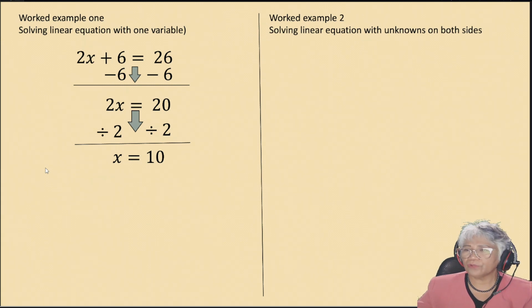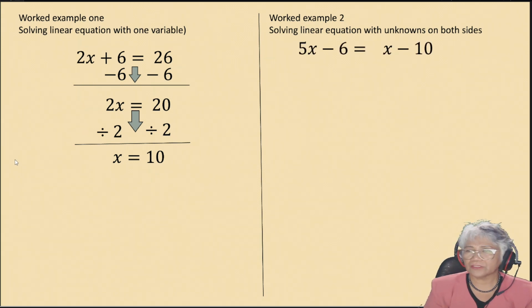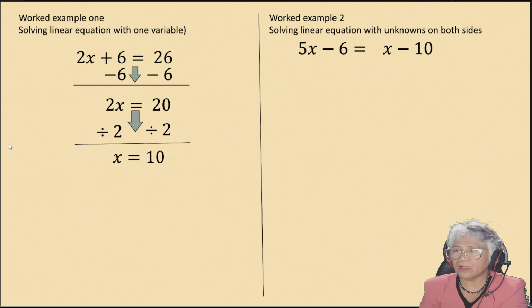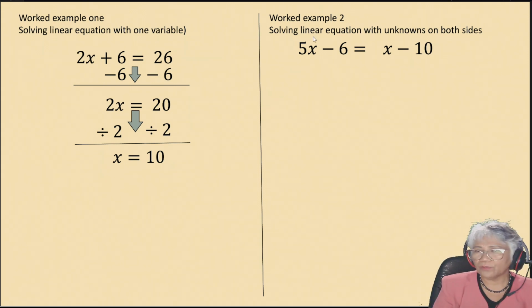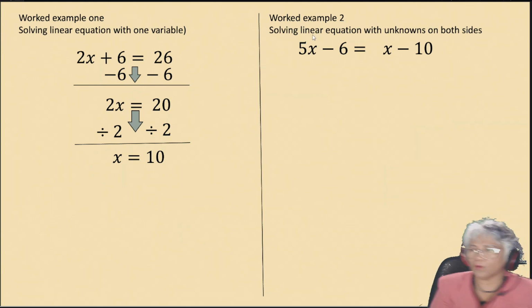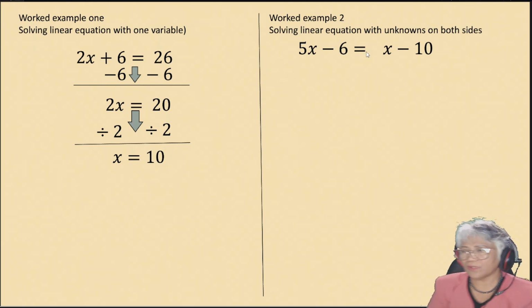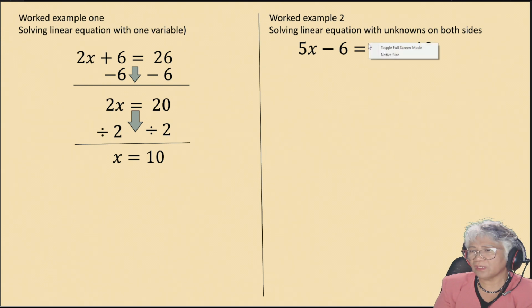The unknowns are found on both sides of the equation. So you have x here, and you also have x on the other side of the equation.